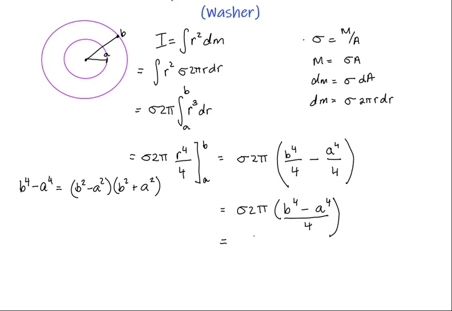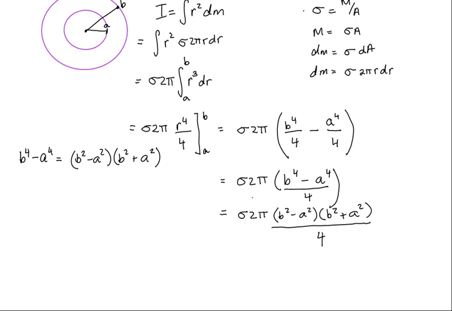That's how I'm going to factor this. So sigma 2 pi times B squared minus A squared times B squared plus A squared, and that ends up all being over 4. We can already see we'll have a simplification here with the 2 and the 4, but we'll leave that for now.